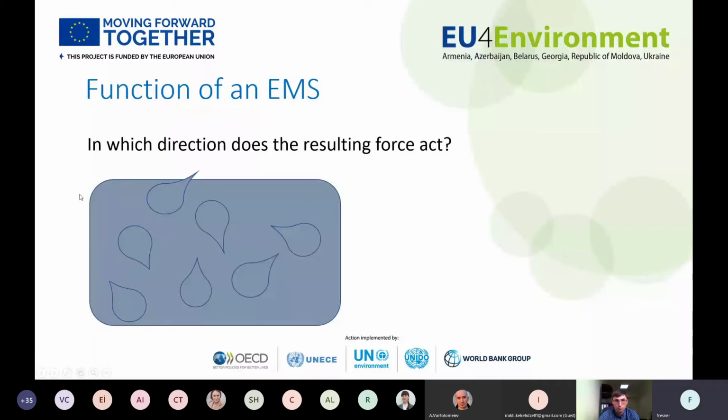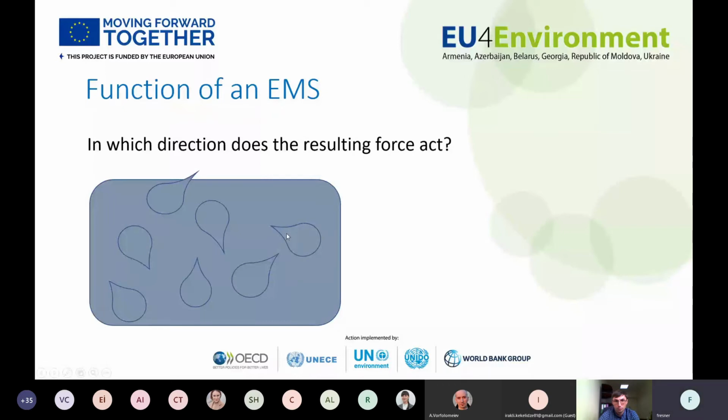This box represents an organization, and these circles represent individual members of this organization, which all want to do something good for the environment. And these arrows symbolize the effort these people are taking, basically.